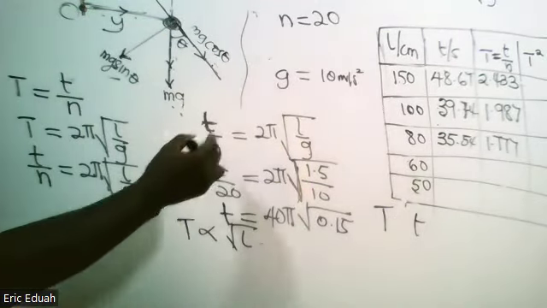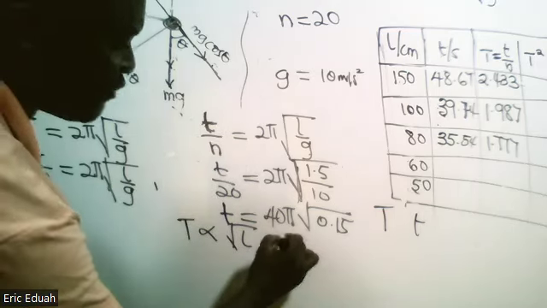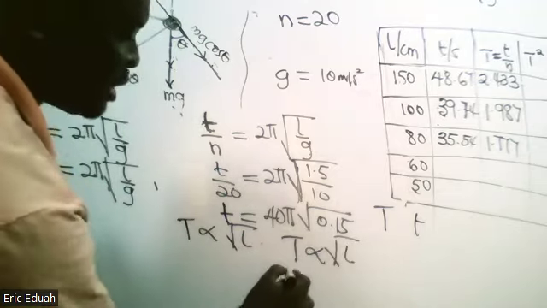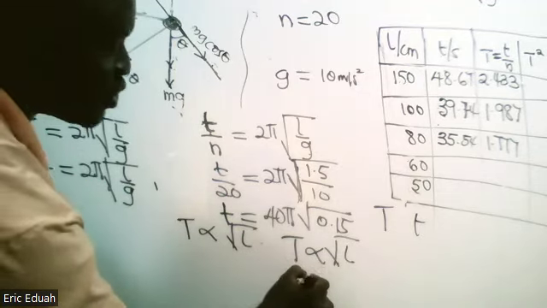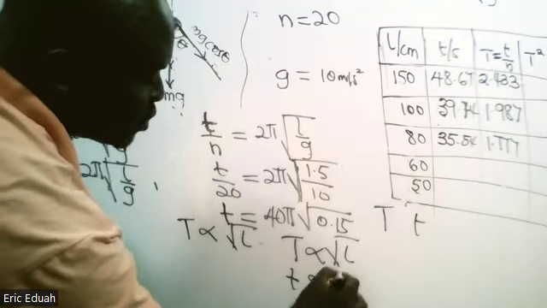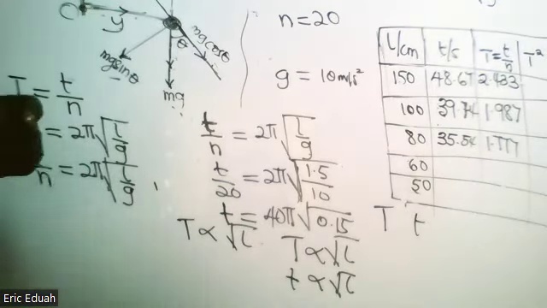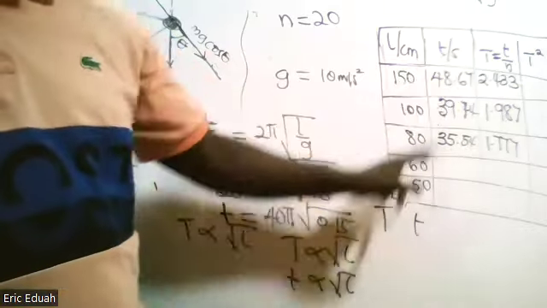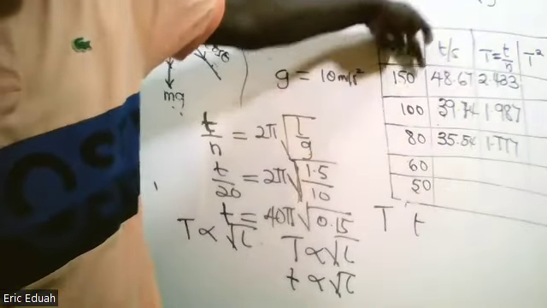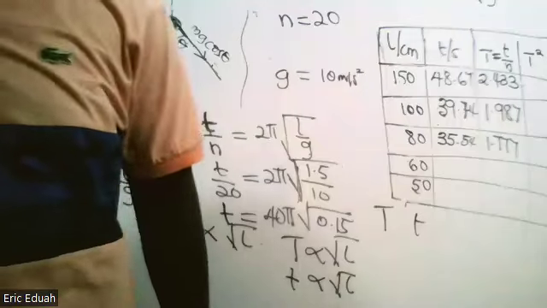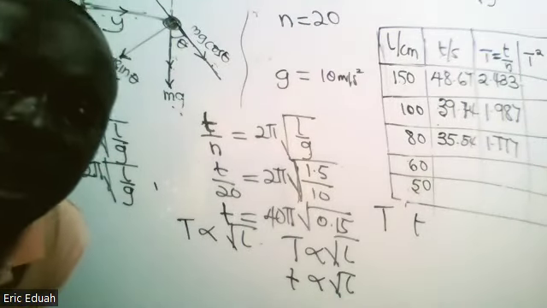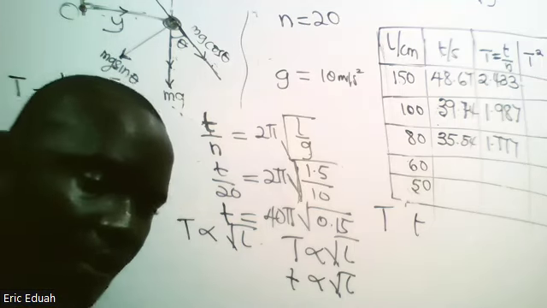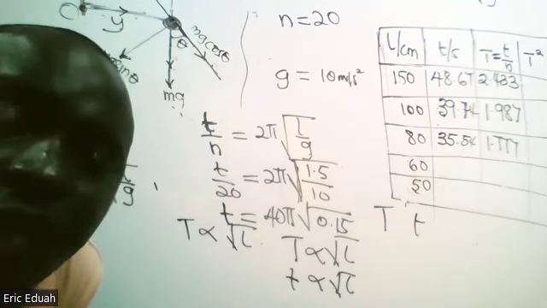Don't forget, we also have small t. If T is directly proportional to the square root of L, then small t is also directly proportional to the square root of L. So when L is increasing, t would also increase. When L is decreasing, t would also decrease. And you see, in practicals, usually we don't show interest in your values.